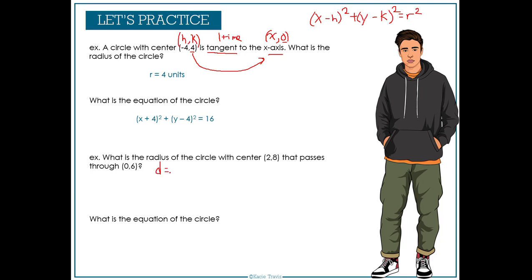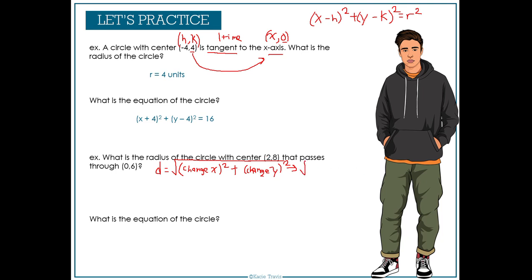So the distance formula has us taking the square root of our change in x squared, and we're adding that with our change in y squared. Sorry about that. Y'all already know what my handwriting is like. So our change in x is what changed from our x here to our x here.